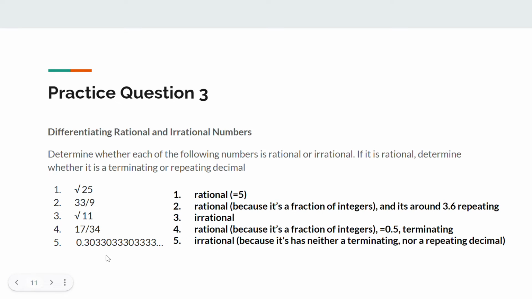And the fifth one, although it seems to be a repeating decimal, it's actually not. So it's irrational because it has neither a terminating nor a repeating decimal. Here the ellipsis shows it continues forever to infinity.